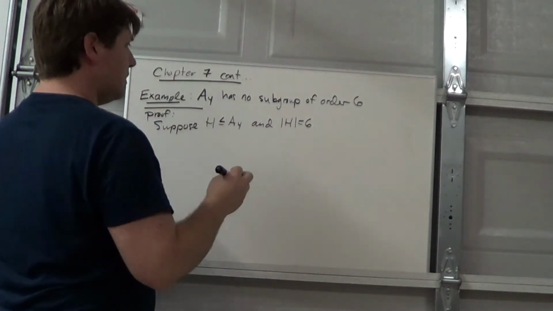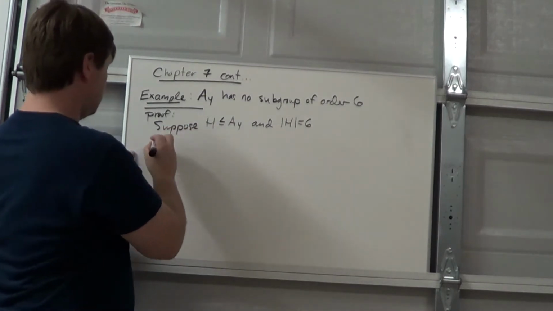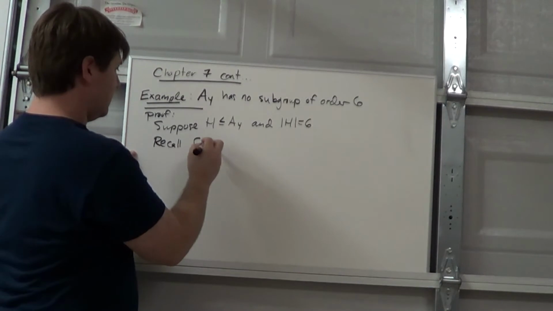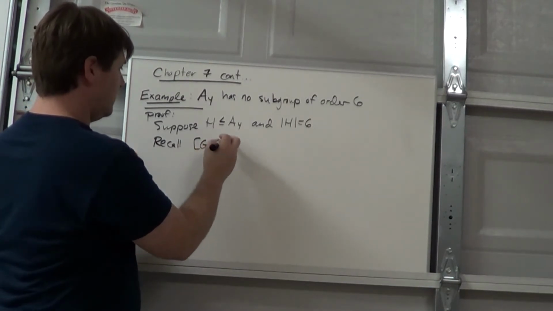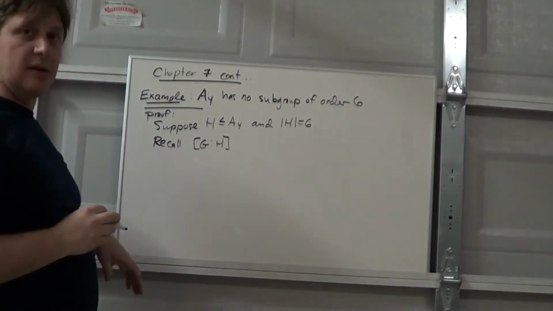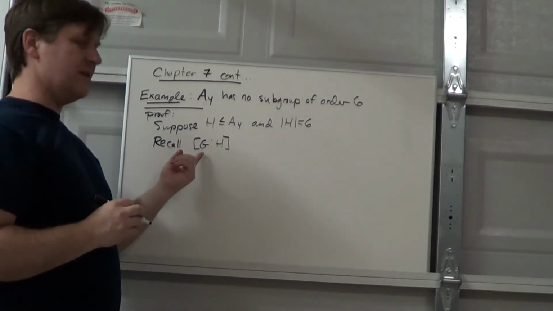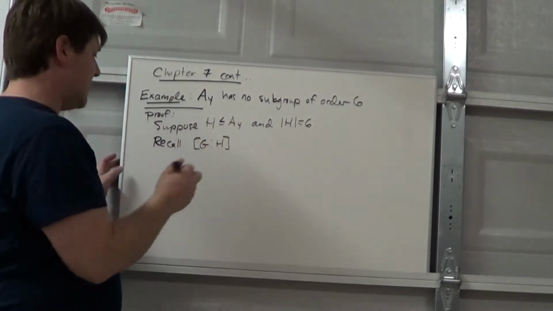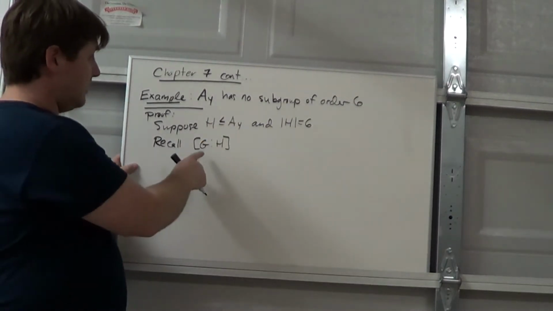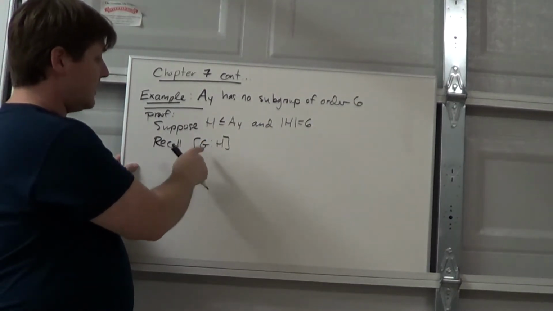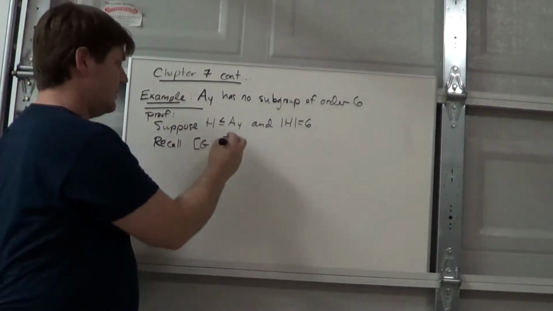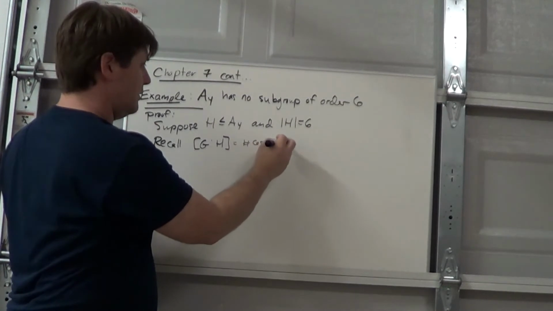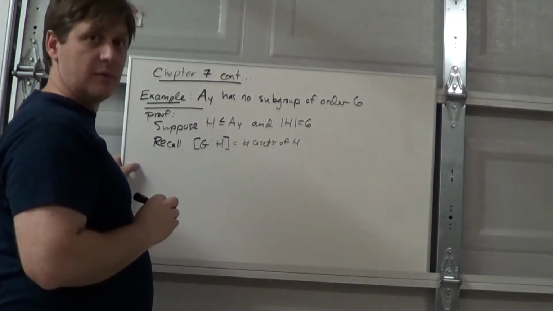Okay, so recall the index of a subgroup in G, although the notation from your book is different, but this is what we did in class. The index of H in G, that's the number of cosets of H there are, right?